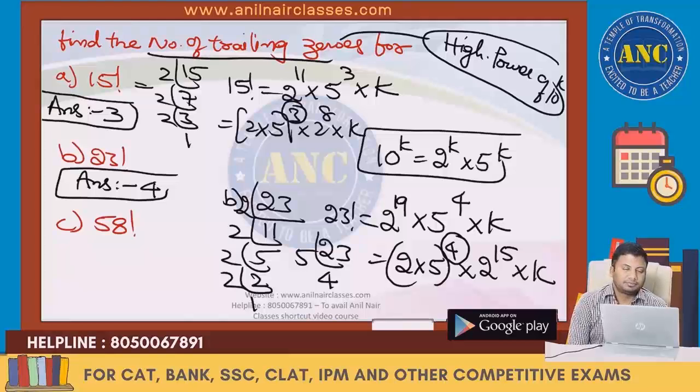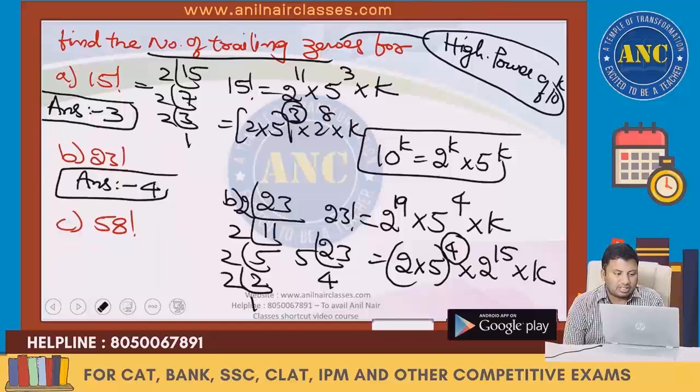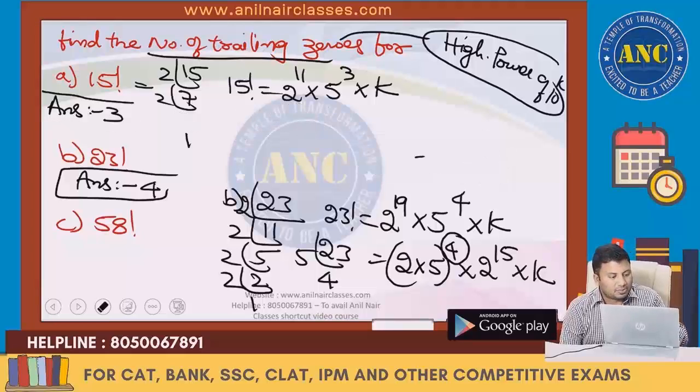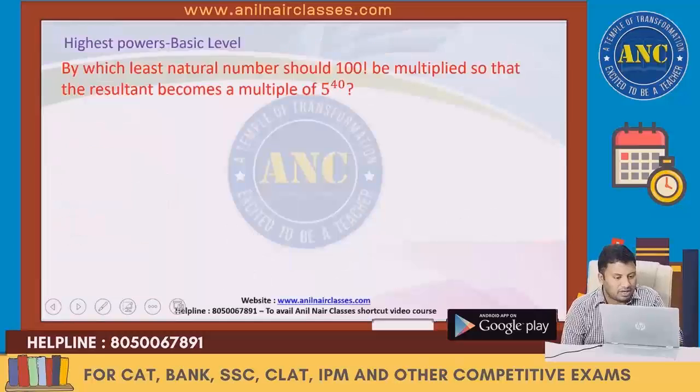Third one. First one clear, second one clear. Just take the powers of 2 and 5. Try to solve the third one similarly. After this problem, some very good and extremely important problems we are going to discuss.